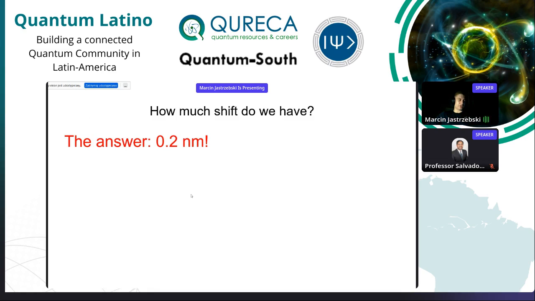And this shift depends on the power of this radio frequency signal and on its frequency. And we did everything to make this shift as huge as possible. But that's kind of the limit. We can't just burn our device. So we have to do something with the spectrum.